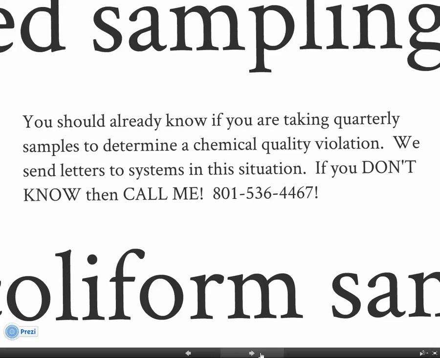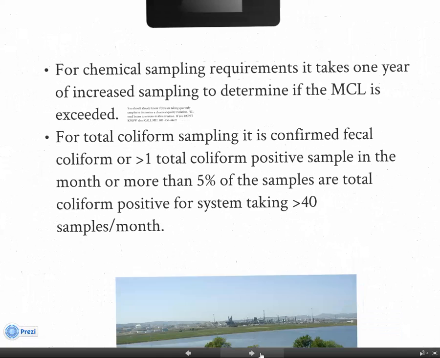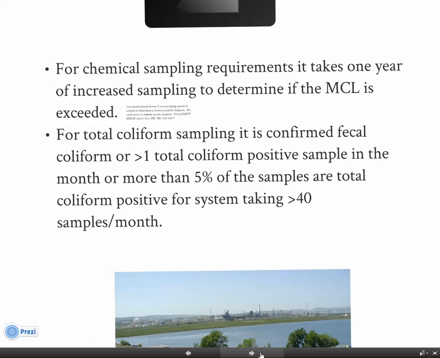My number again is 801 536 4467. Just give me a call and I'll let you know. Or you can check your monitoring schedule online. That's an easy way to see if you're sampling quarterly for any of the chemical contaminants.